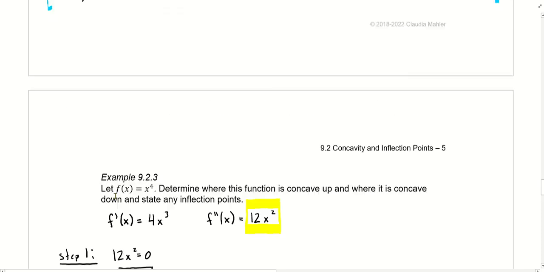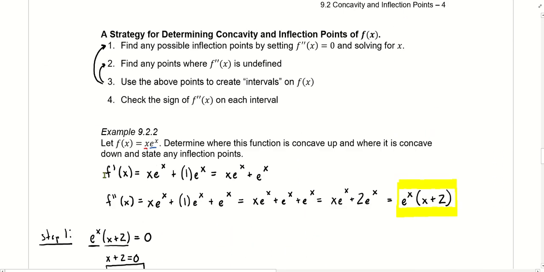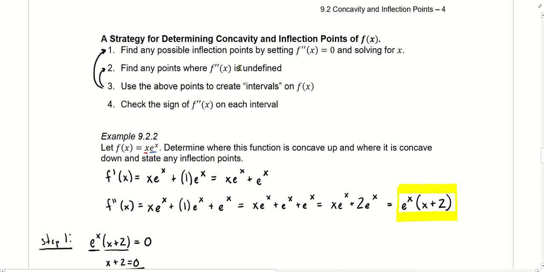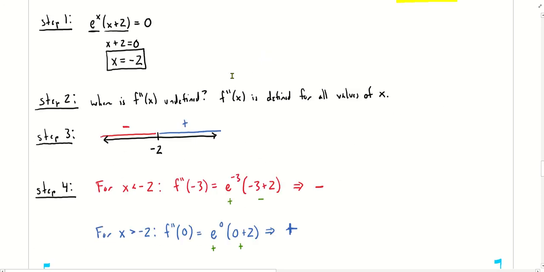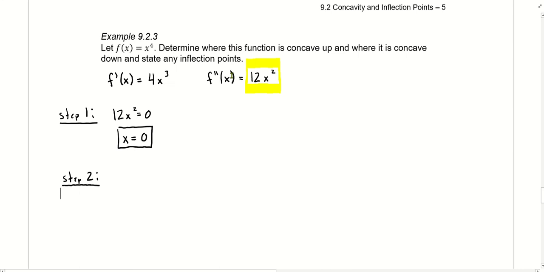Step 2 is figuring out if there are any points where the second derivative is undefined. So here, where is the second derivative undefined?